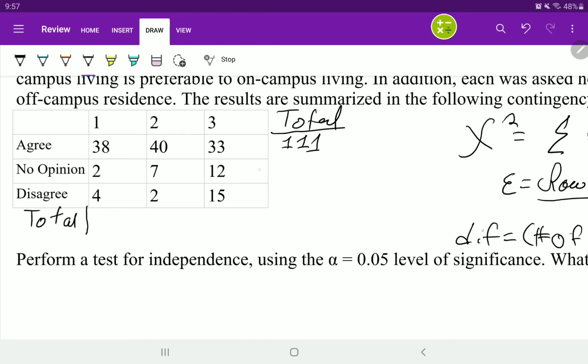For no opinion, if I add up 2, 7, and 12, that is 21. Once again, for disagree, add up 2, 4, and 15. That's going to give me 21. When I add 111, 21, and 21, that gives me 153, which is my overall total. Well, I keep messing up my numbers, just so you know, I'm tired.